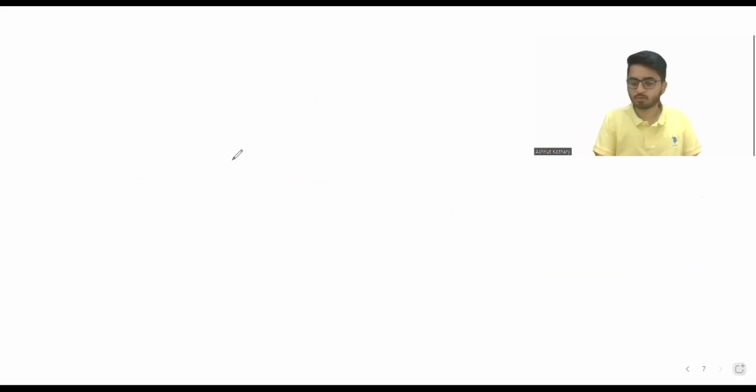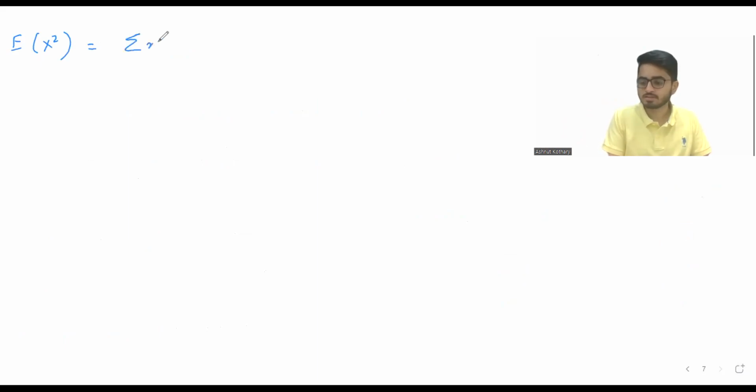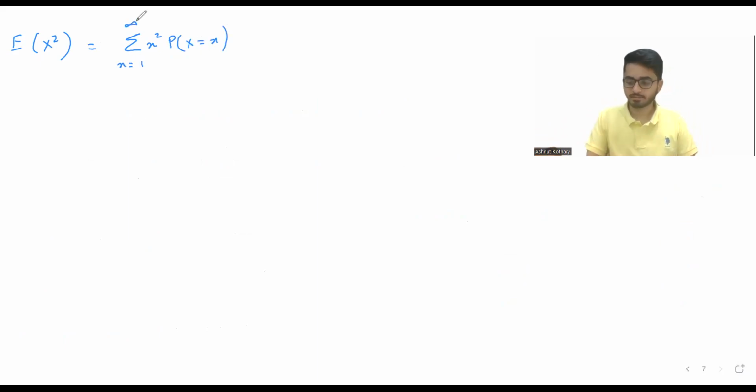So now let us try to find the expectation of x square. This will be again the summation of x square times the probability of x, with x running from 1 to infinity. My first term here is going to be p. The next term will be 4pq.